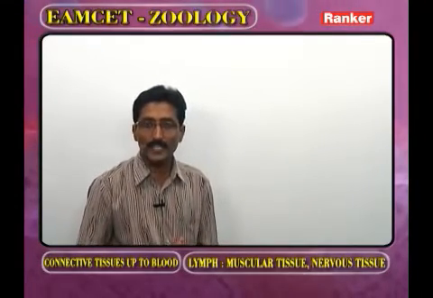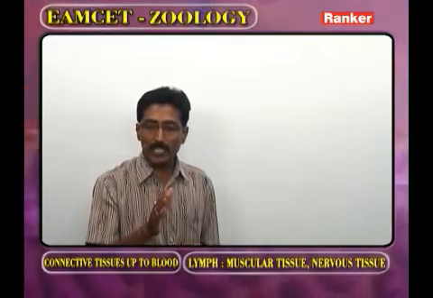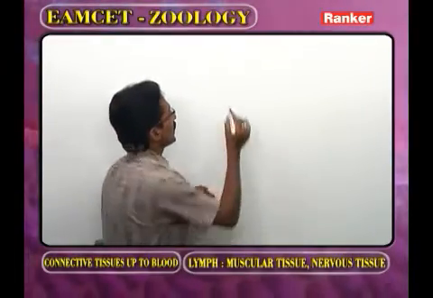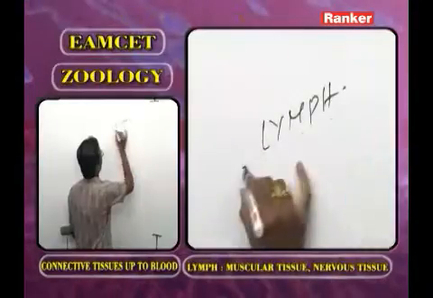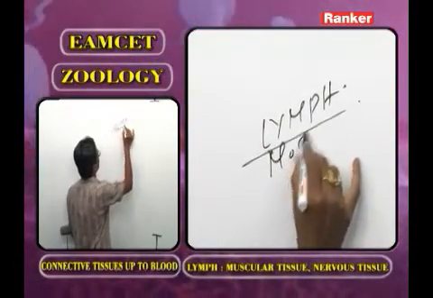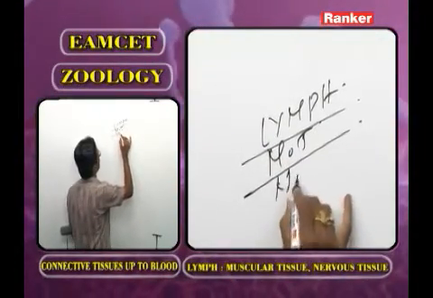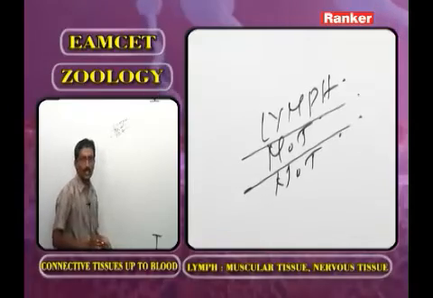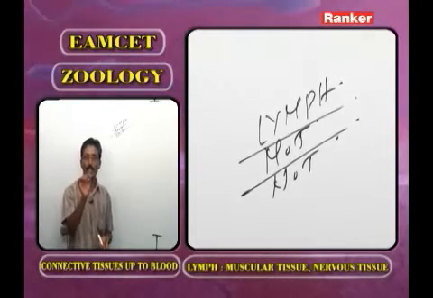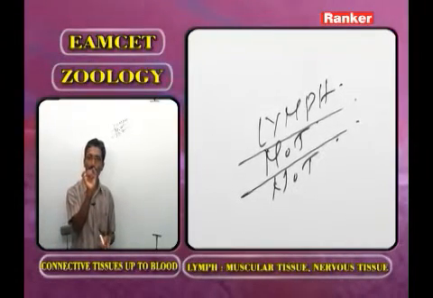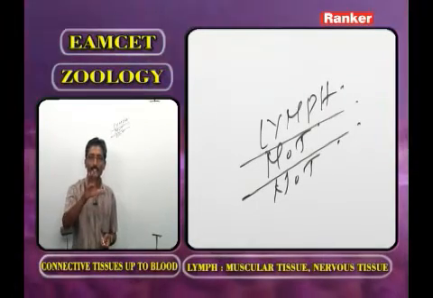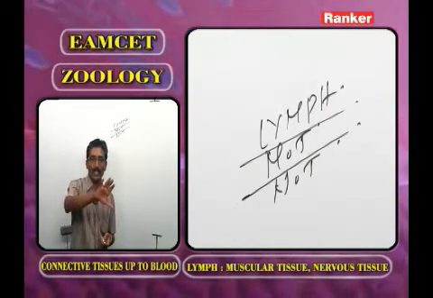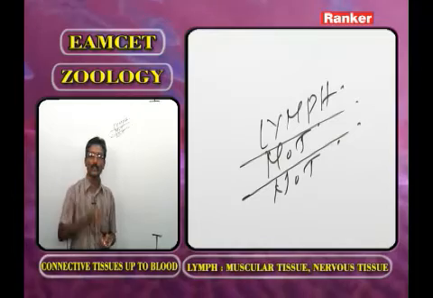Now we have to discuss the lymph, and the next one we discuss the muscle tissue. Next we discuss the nervous tissue. Now initially I am giving small points regarding the lymph. In our body, as we observe in some parts, the blood is supplied in the form of lymph.